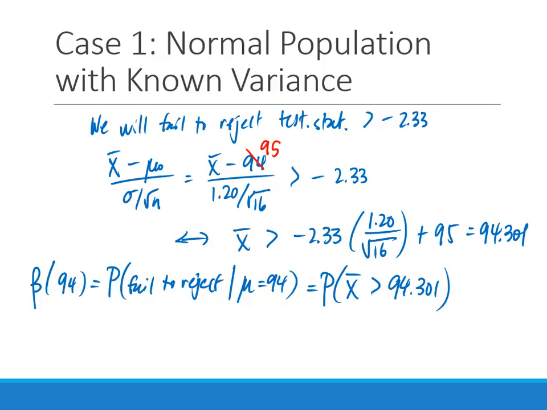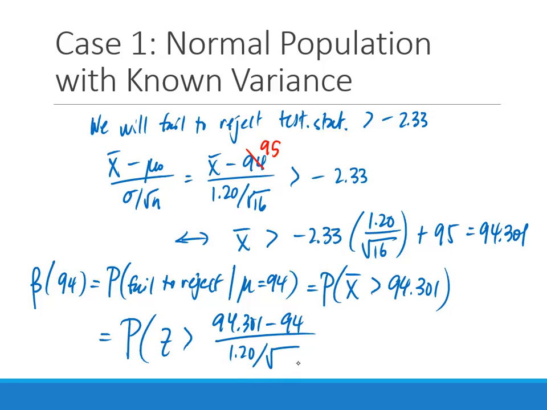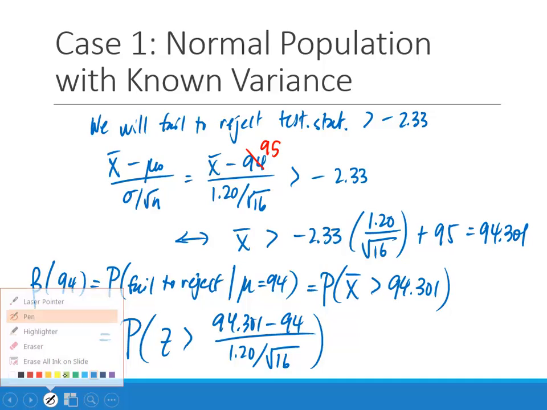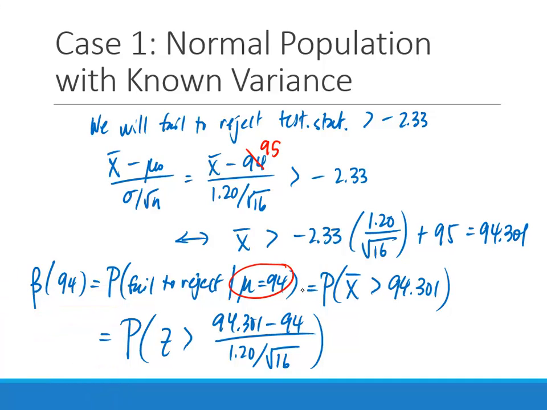Okay, well, x bar still has that normal distribution, so this is the same as the probability that z is bigger than 94.301 minus the mean, which we're saying is 94, the true mean is 94, divided by 1.20 over square root of 16. And I'm putting 94 in there because I'm assuming that the mean is actually equal to 94. So my standard normal has mean 94 here in this probability.